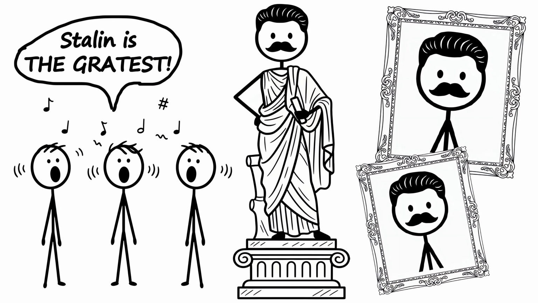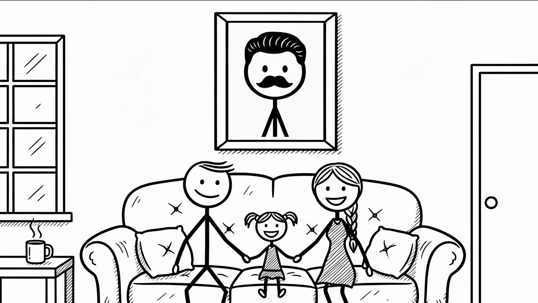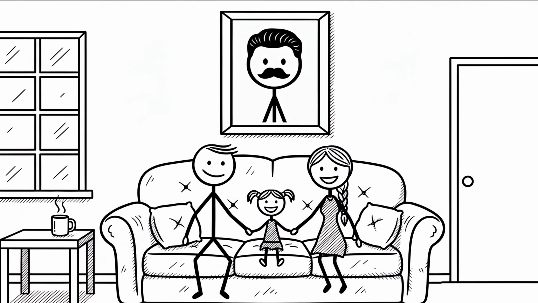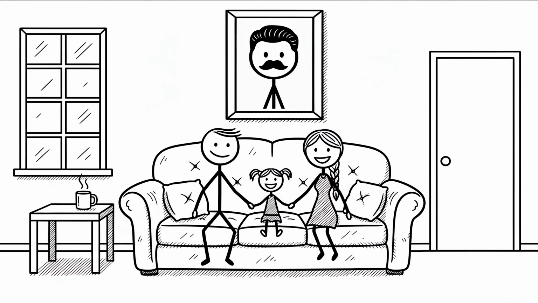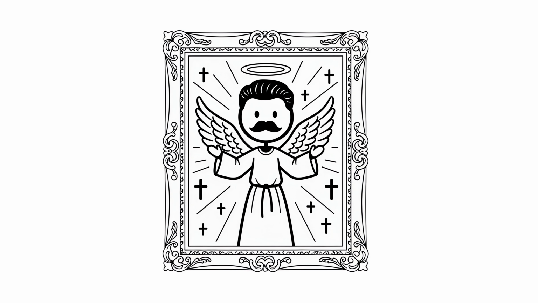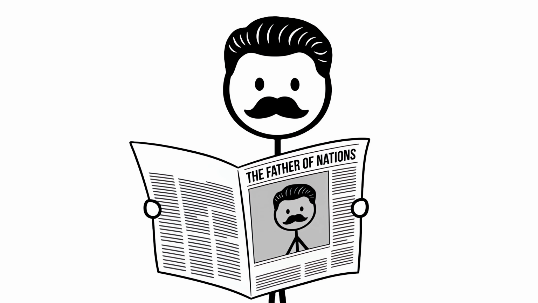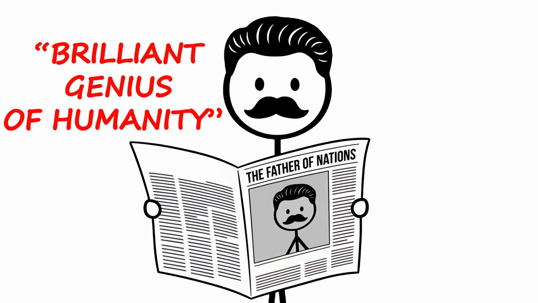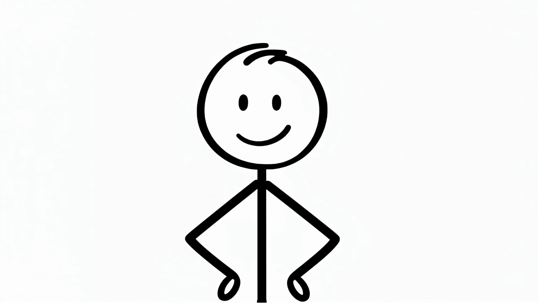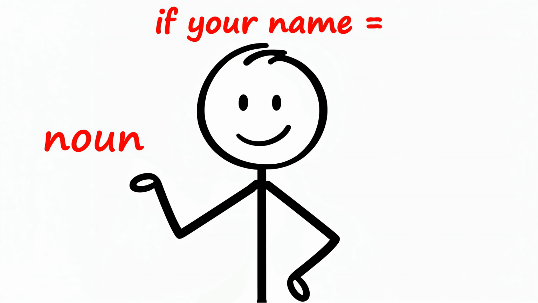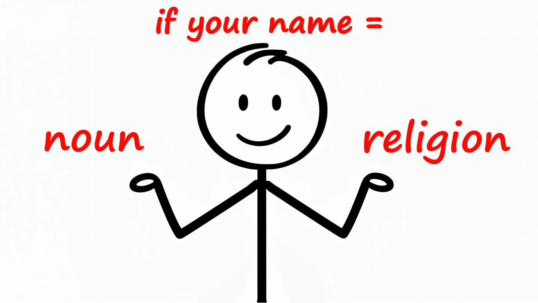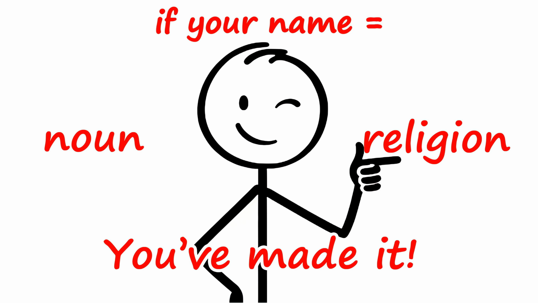The cult of personality was so intense that people kept framed photos of him in their homes. Things got religious. State media called him the father of nations and brilliant genius of humanity. If your name becomes a noun or religion, well, congratulations, you have made it. You are now ready to progress to the final step.